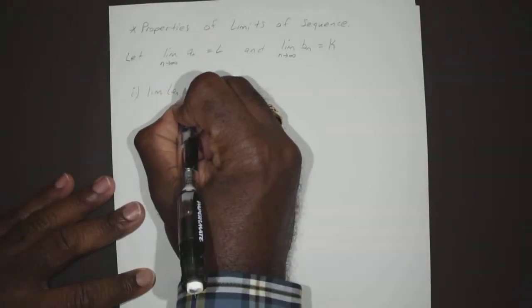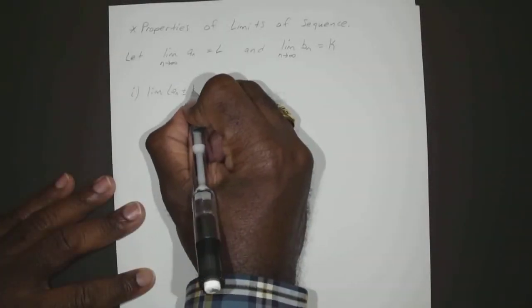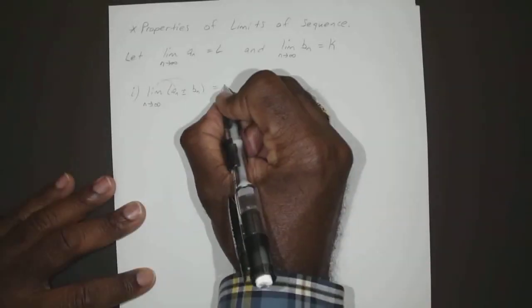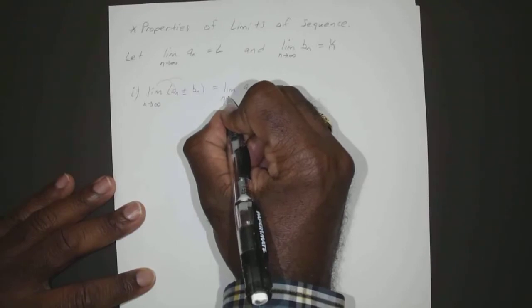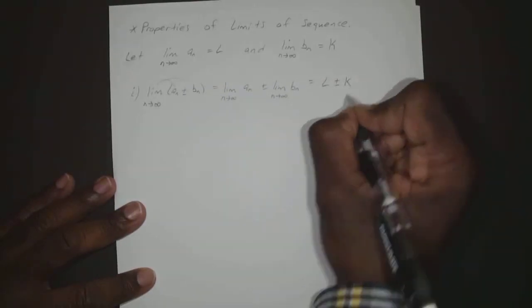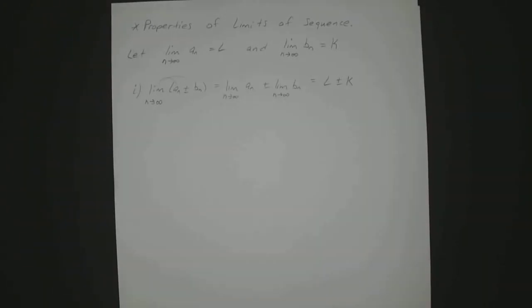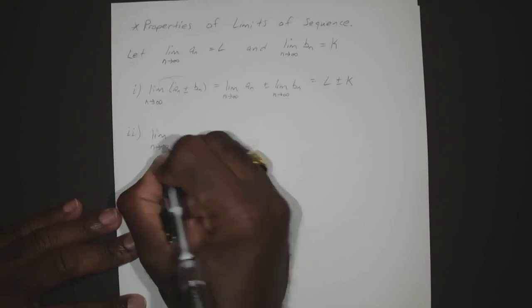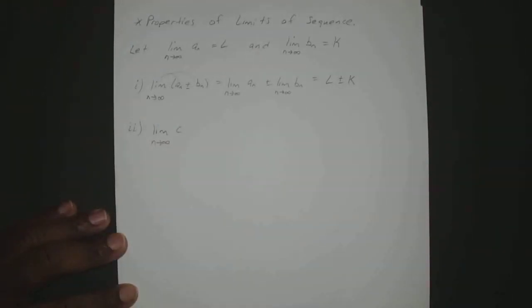Okay, so the limit of the first sequence plus or minus the second sequence as n approaches infinity, which is what we already did before, you kind of distribute the limit to both, which is just your L plus or minus K. Second, if you have the limit as n approaches infinity of some constant c times your sequence, and all of them have 2 in the numerator, it doesn't go up or down, you could factor out that 2.